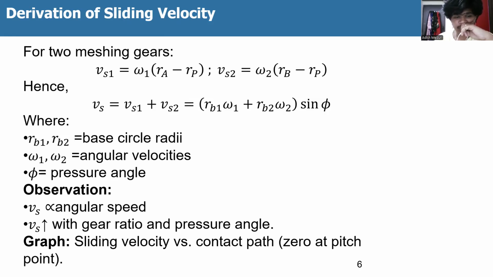Observation: Vs varies with angular speed, gear ratio and pressure angle. The graph shows sliding velocity versus contact path, zero at the pitch point. We'll go to the next slide.